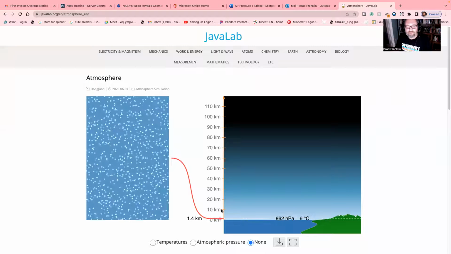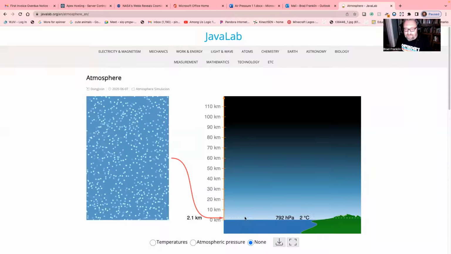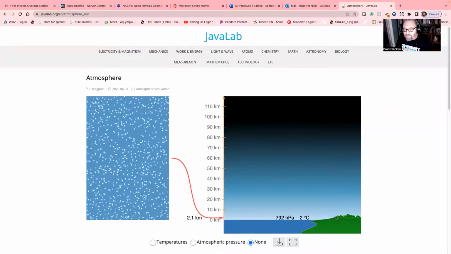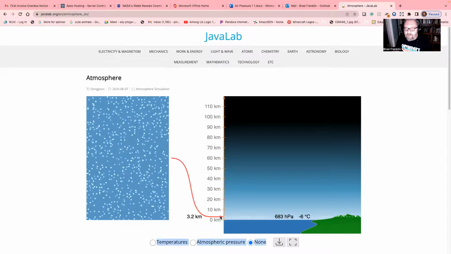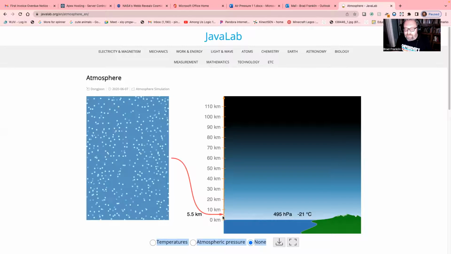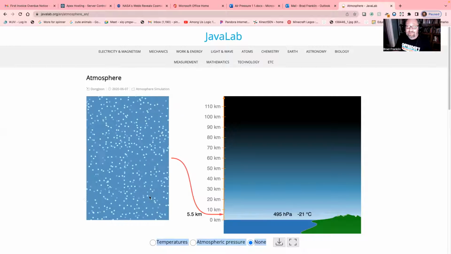The total pressure, see how it's different up here when I pull the slider up a little bit? That's about on the level with halfway up those mountains, which is why when you go all the way to the top of a mountain, see how I move that slider all the way to the top of the mountain? You have less, right?